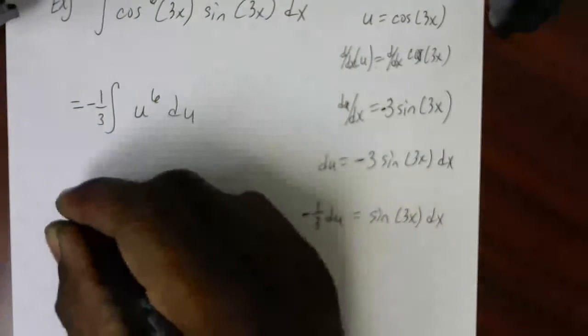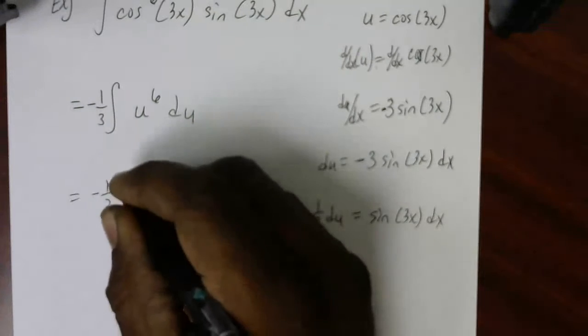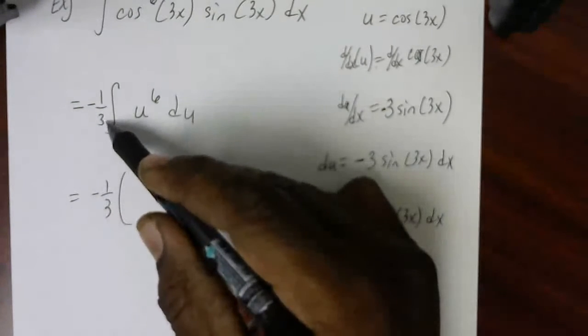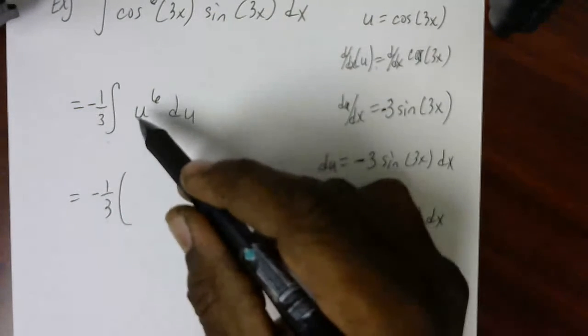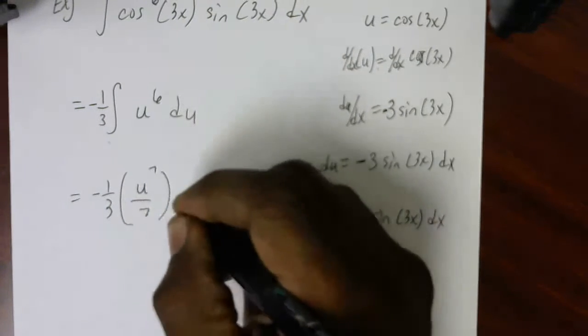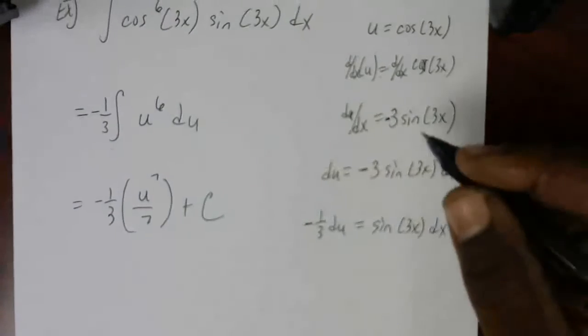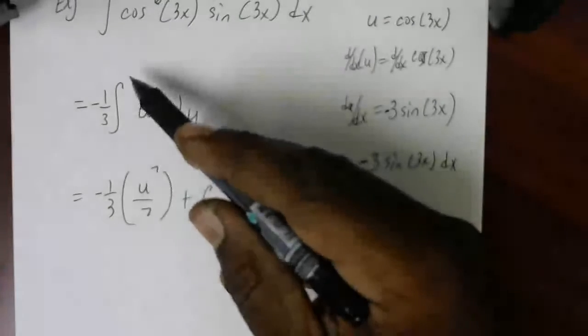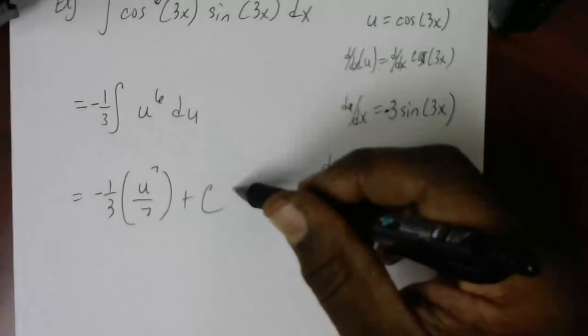Now if we integrate, I have my negative 1/3 outside of my integral. U to the 6th power is u to the 7th over 7. Since I don't have any limits of integration, I'm going to add my arbitrary constant.